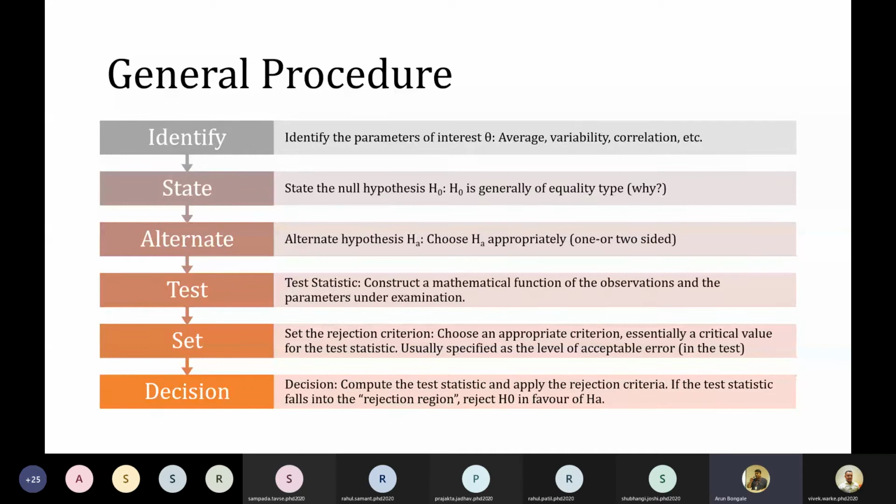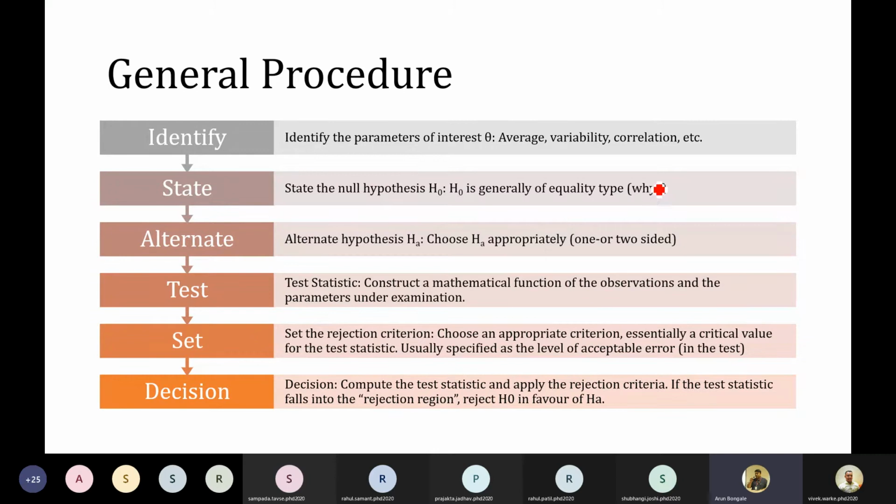Then we have different testing methods. We have formed the alternate and null hypotheses, and we have a data set. We carry out the analysis on the data set, with many mathematical operations. Then depending upon some standard procedures, we make the decision.